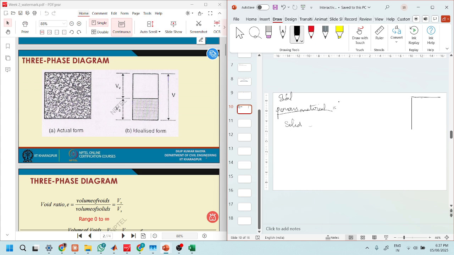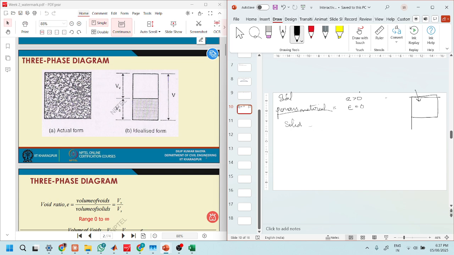As discussed last time, somebody rightly pointed out that e has to be greater than zero, because at e equal to zero your material will stop being granular and it will convert to a solid. That is the definition of solid.